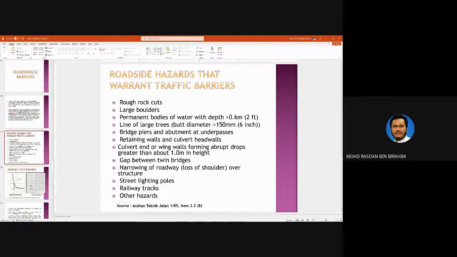Alright. So the important part, let's say here, where was I? Bridge piers and abutments and underpasses. You need to protect the piers and abutments of bridges.